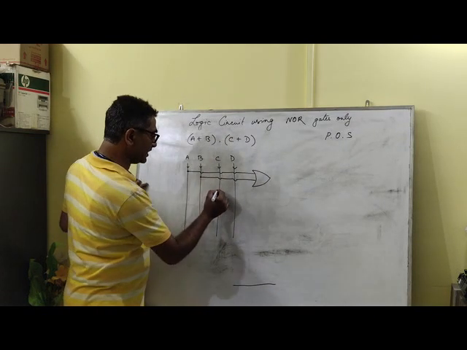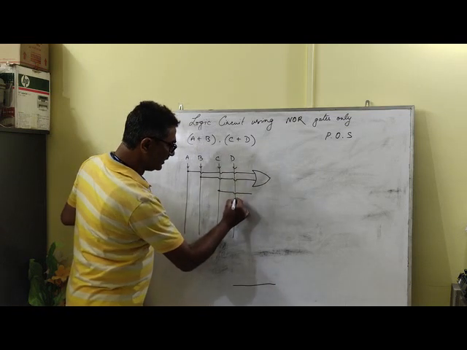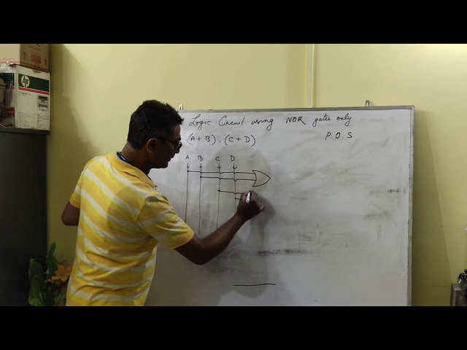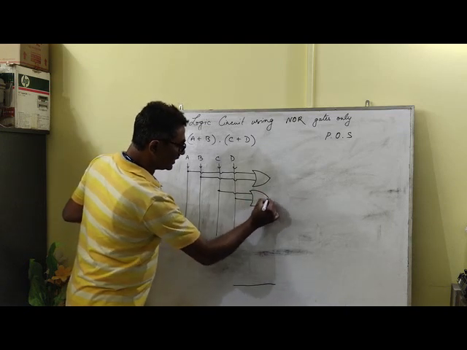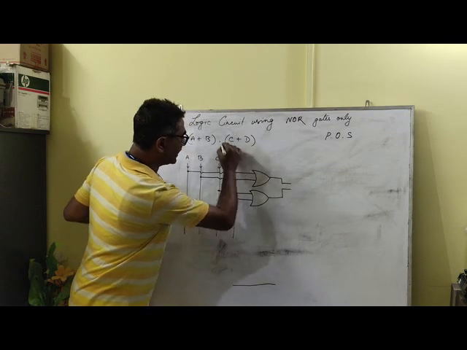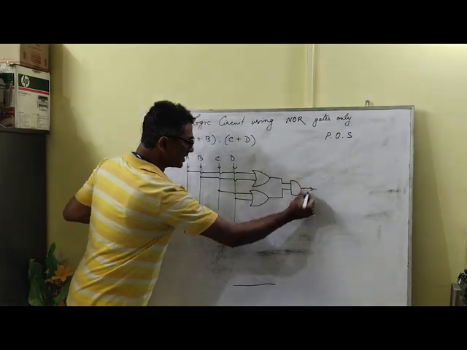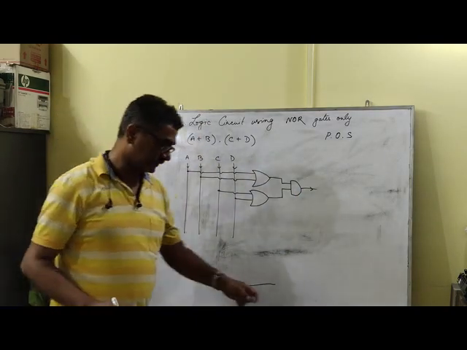And then C plus D. So C plus D. And then what do we have? We are going to draw the AND gate. So this is your normal circuit which you have already learned.